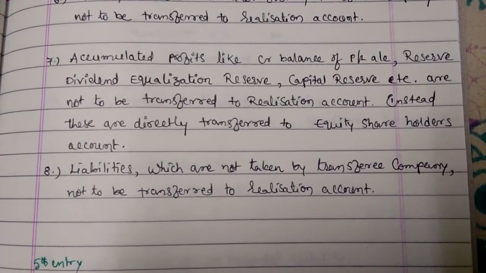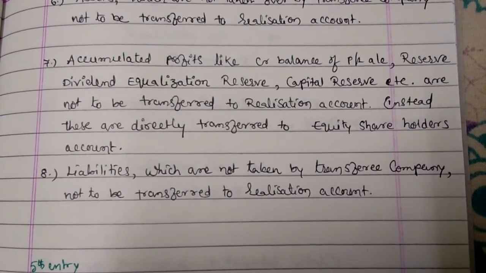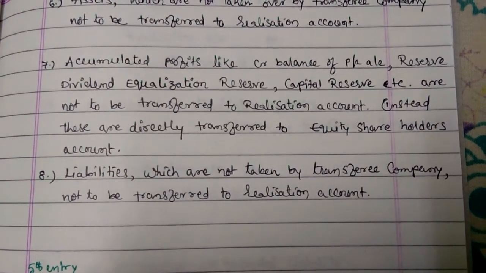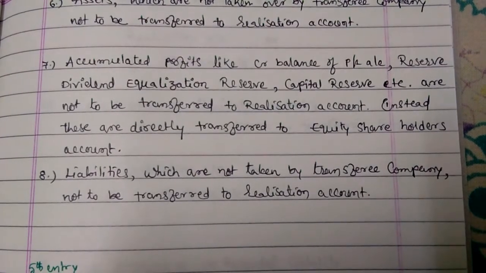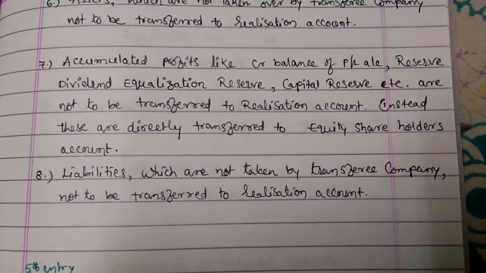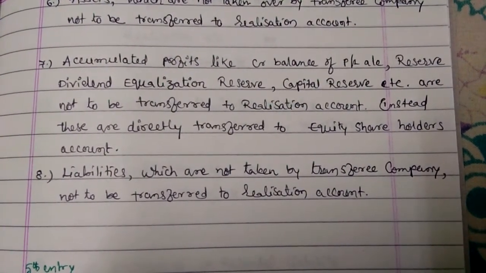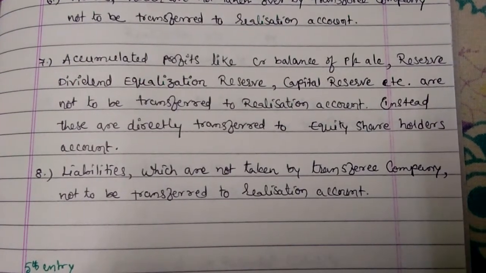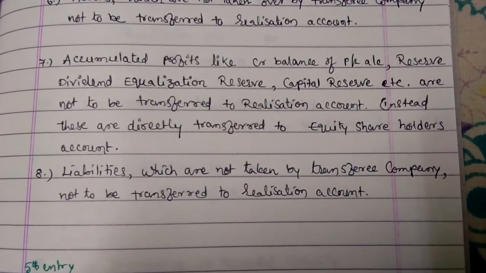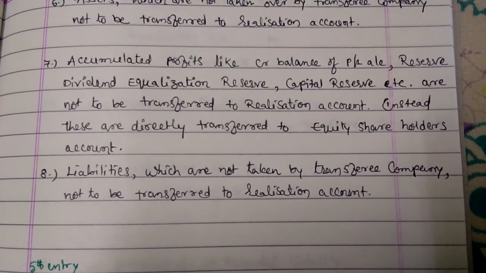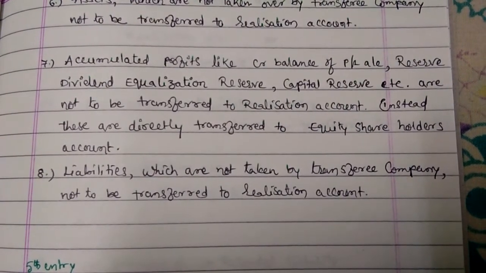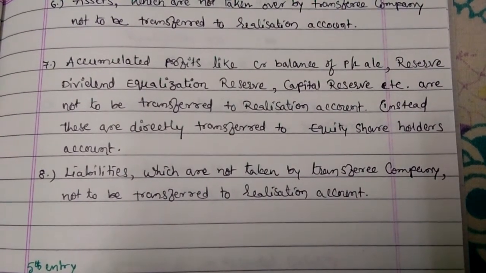Next, accumulated profits like credit balance of profit and loss account, reserve, dividend equalization reserve, capital reserve, etc., are not to be transferred to the realization account. Instead, these are directly transferred to the equity shareholders account.